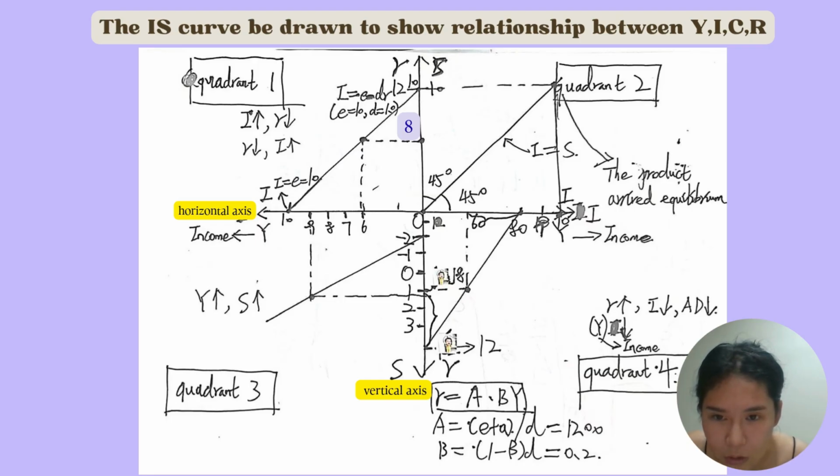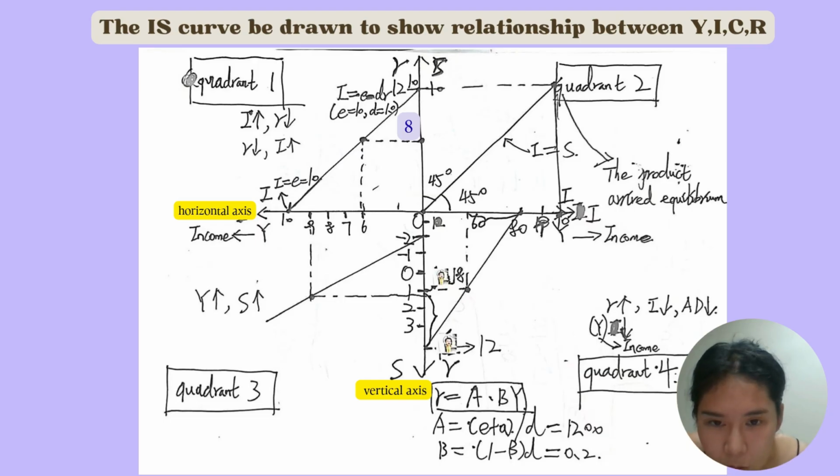Let's look at quadrant 3. Quadrant 3 is about the relationship between income and saving. First, we can look at this picture. This is negative 2, and when the vertical line arrives at negative 2, the horizontal axis is definitely zero.